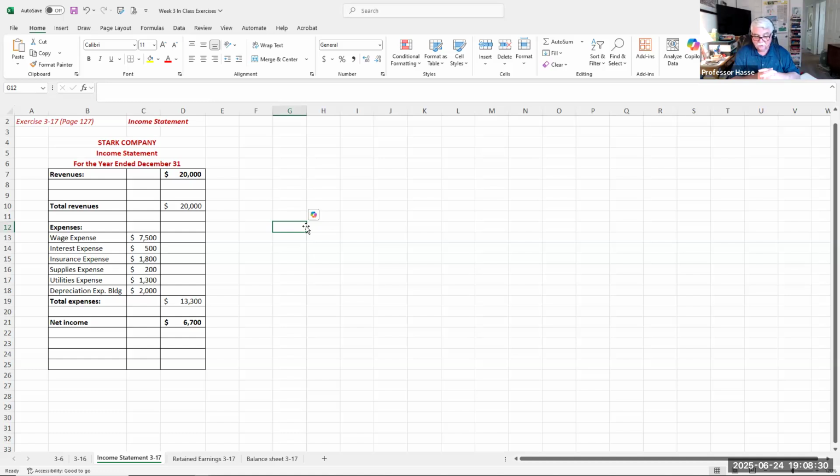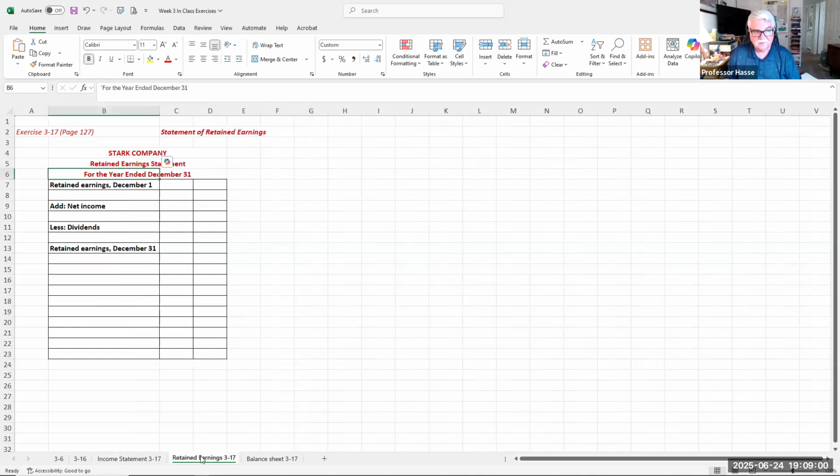There's no cash, there's no receivable, there's no accumulated depreciation, there's no payables, there's no stock, no dividends. All we see here is revenues and expenses. The company for the year ended December 31st made a $6,700 profit. Very good.